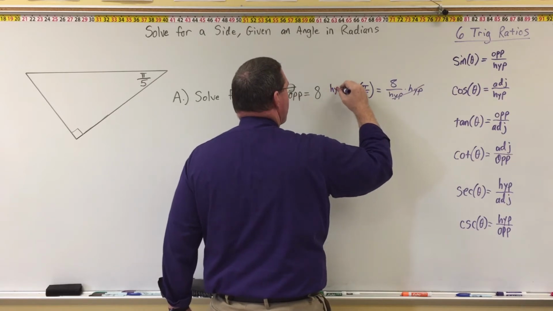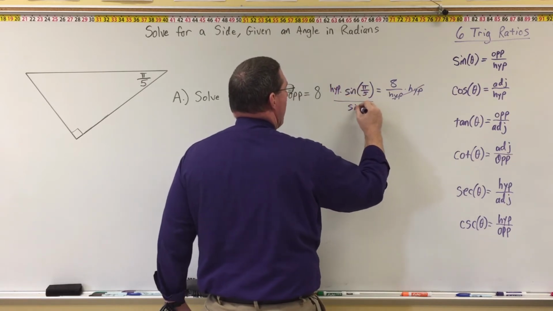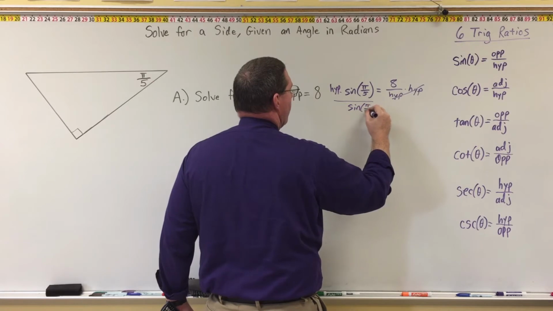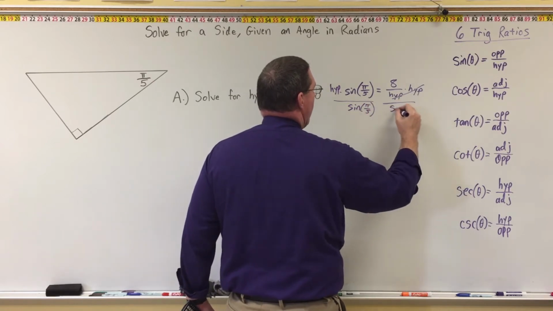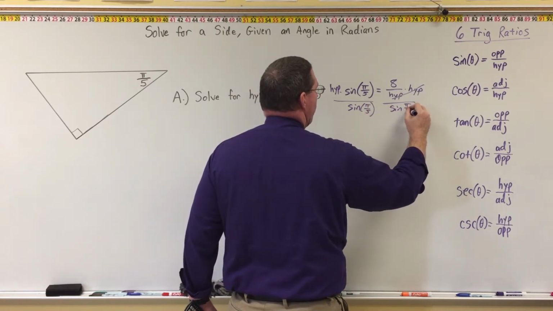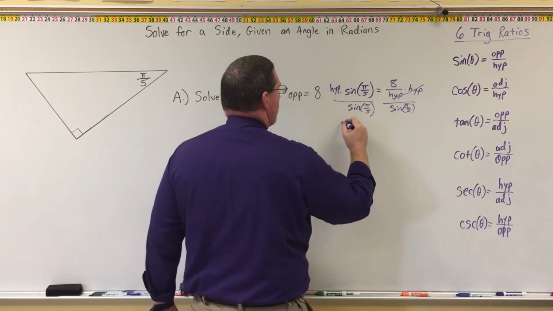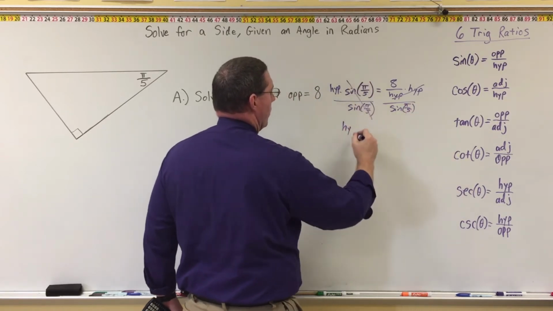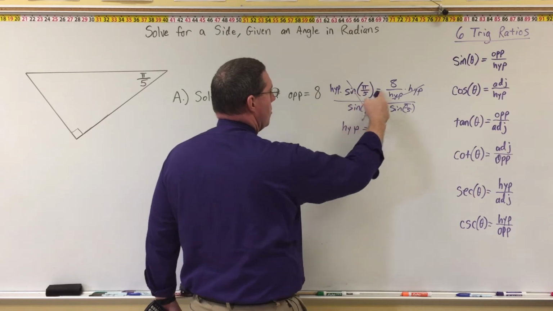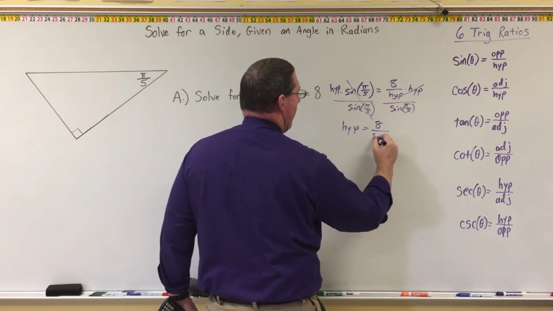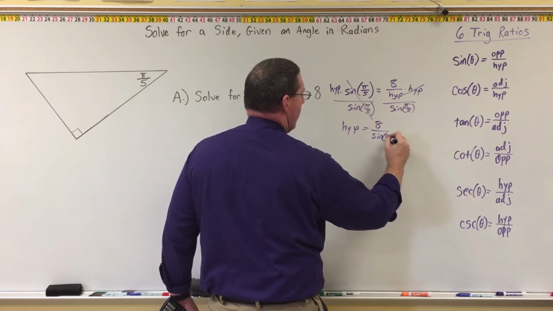Then we're going to divide by sine of pi over 5 on both sides. And so now hypotenuse is equal to 8 divided by sine of pi over 5.